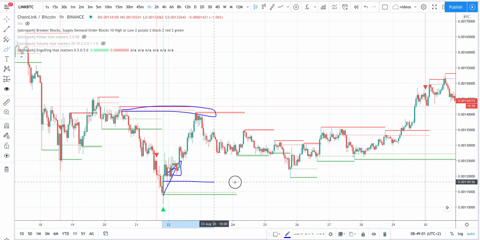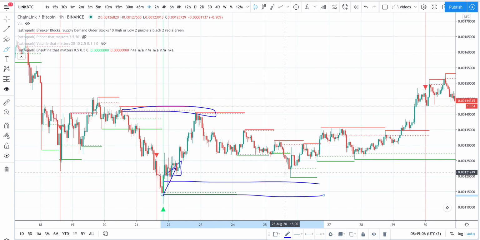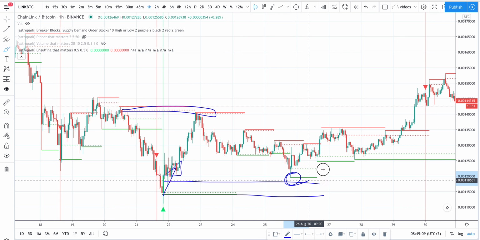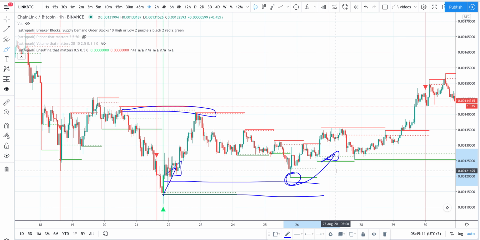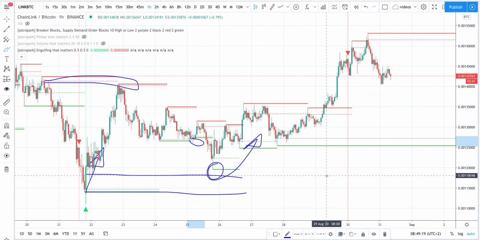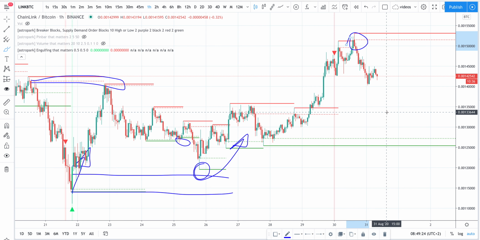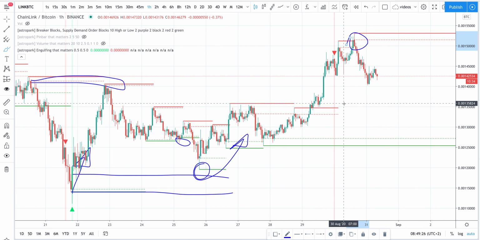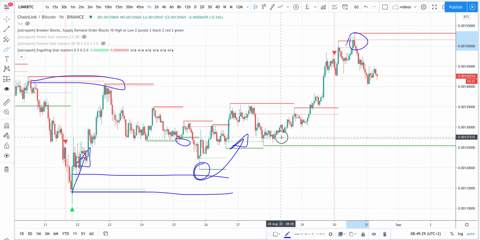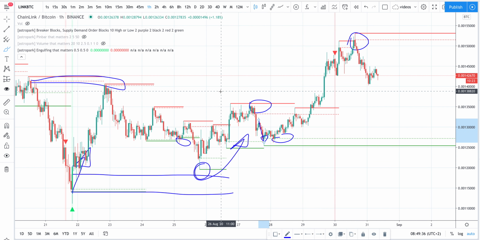If we check the low and high, somehow here was respected, price didn't arrive. Yet again respected. Here somehow respected too. Here again, and so on.